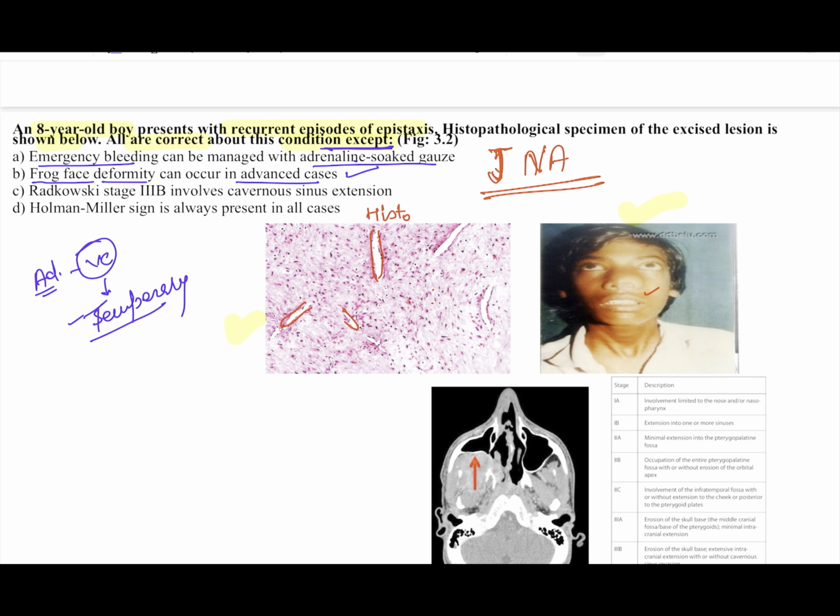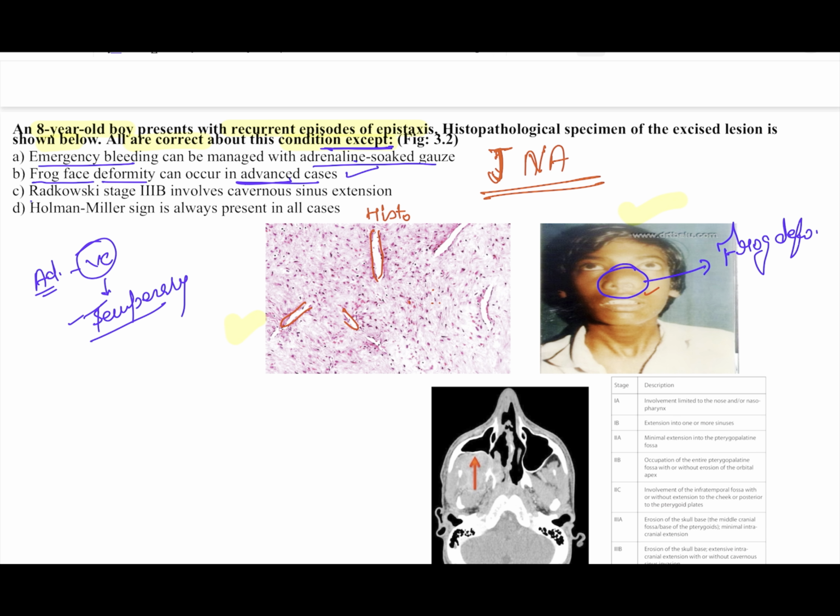Okay? So this tumor can undergo extension and lead to facial bone deformities, and pull all the contents outside. This type of deformity is called frog face deformity, which is more commonly seen in advanced cases.